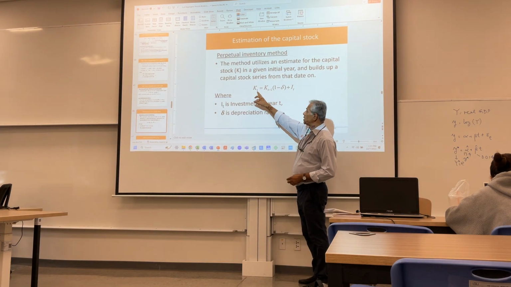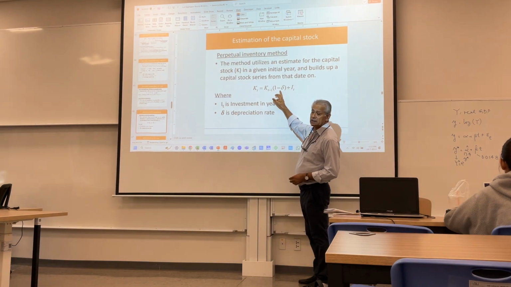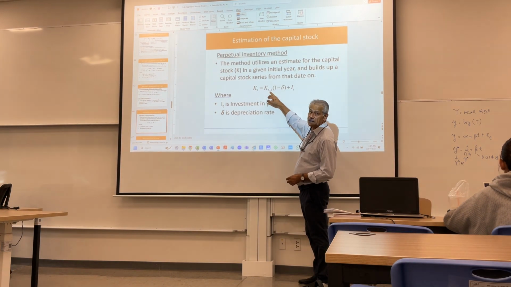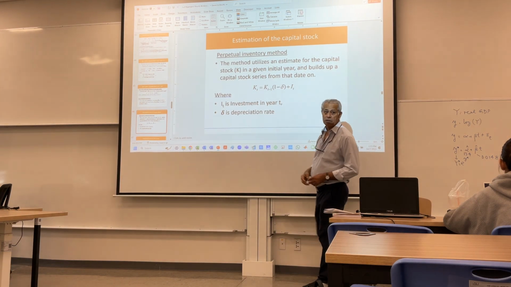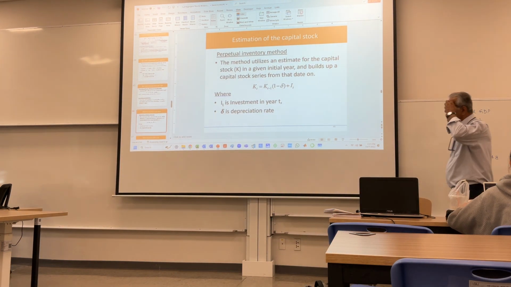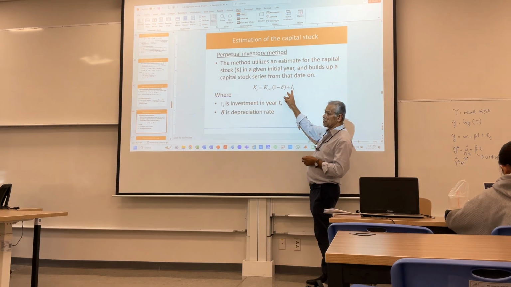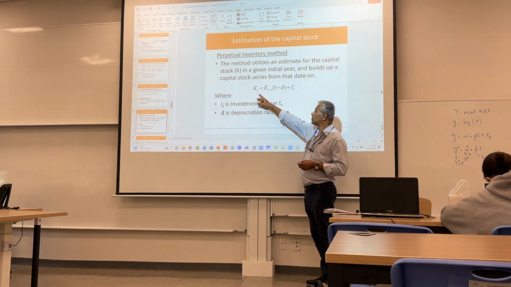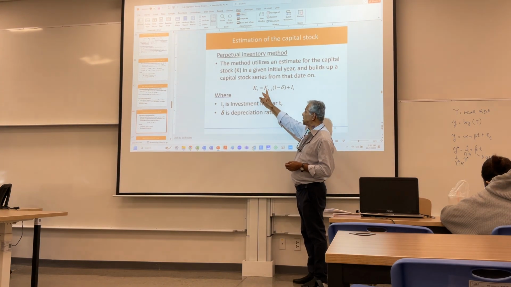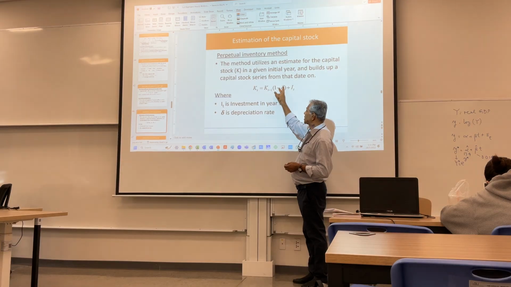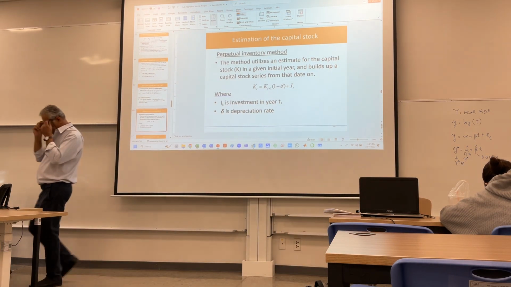So capital today is whatever it was yesterday minus the part that has depreciated, and on top of that, we're making more investment. So the stock today is equal to whatever it was yesterday minus the depreciated amount of capital plus whatever we are adding to that stock this time.